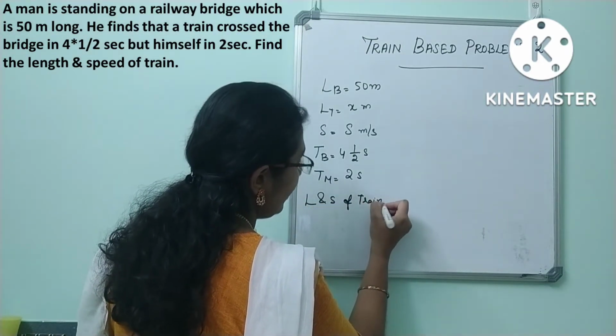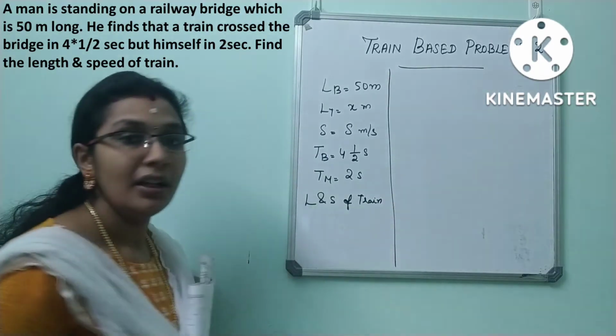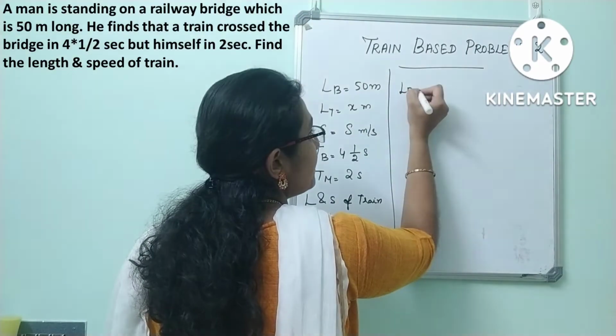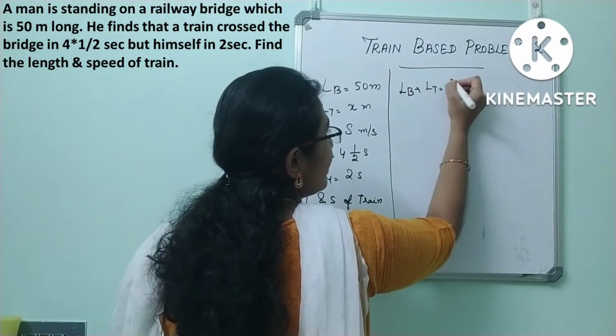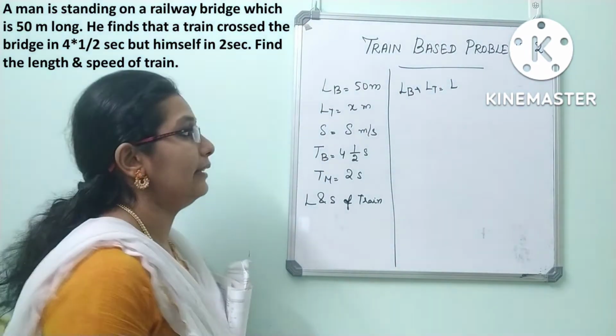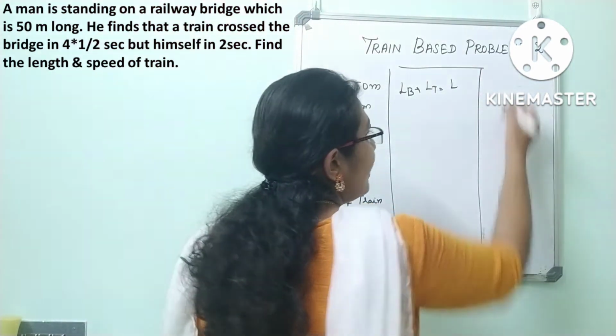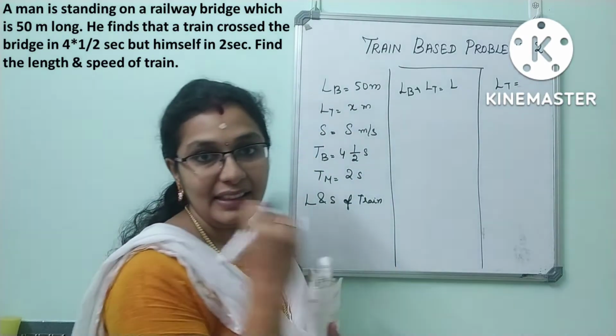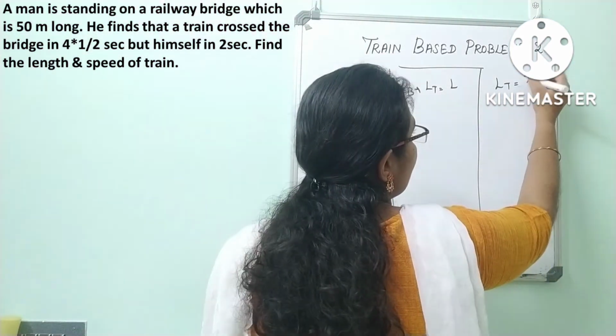Okay, now we have written what all the data is given. Now we will try to solve it. Okay, so in the first case, length of bridge plus length of train will be considered as total length. Correct? Yes. In the second case, only the length of the train will be considered since the length of the man is negligible. So let us consider this to be x.